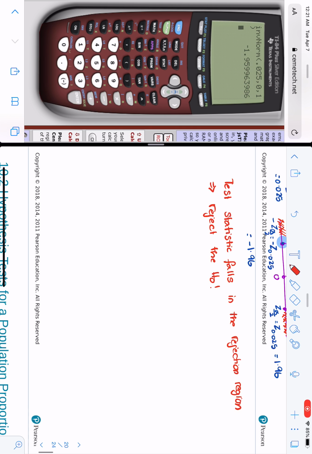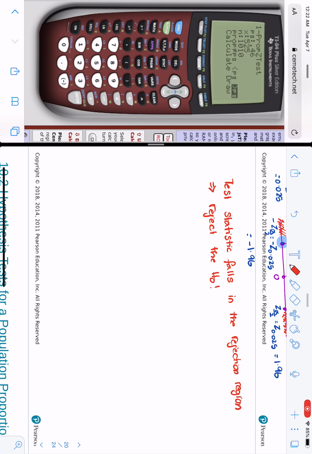Now we could do the p-value approach, so let's go back to start over to tests, number 5, and everything stays the same except the fourth line.